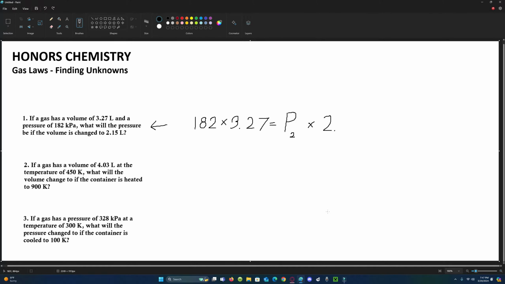Now we can move on to question 2. If a gas has a volume of 4.03 liters at the temperature of 450 Kelvin, what will the volume change to if the container is heated to 900 Kelvin? Now, this question involves Charles' law.